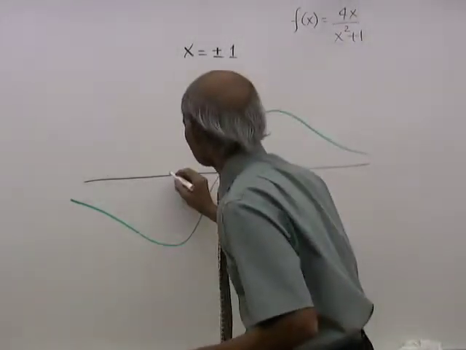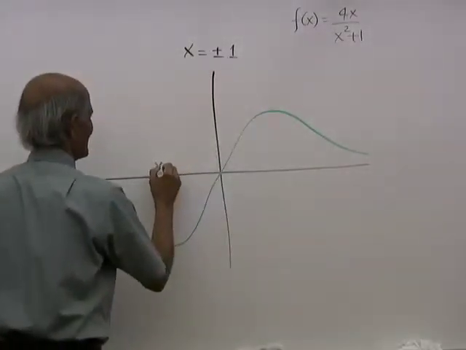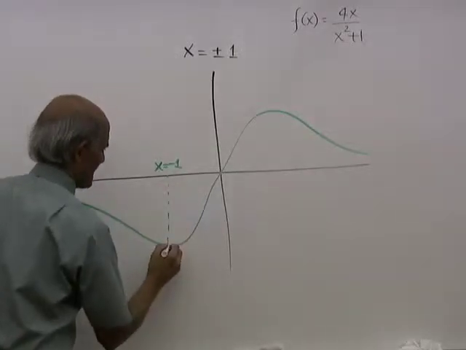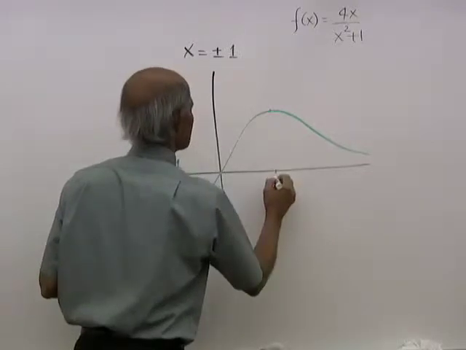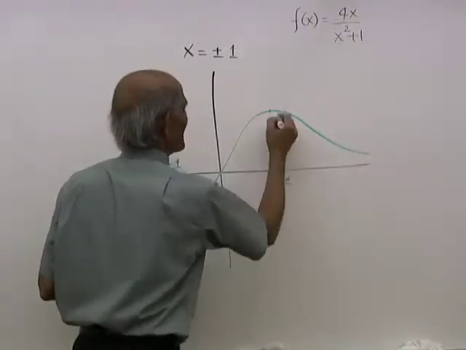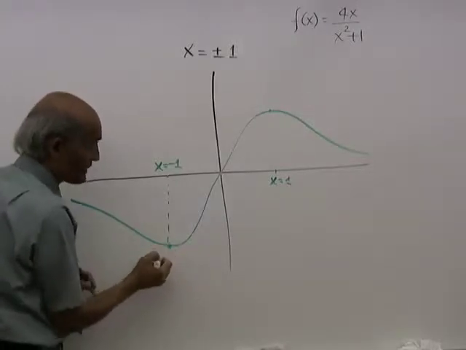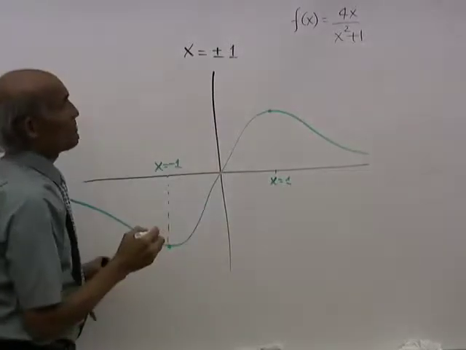Well, this is x equal to -1. That is a critical number. This is x equal to 1, and that is another critical number. This is a critical point, and that is the other critical point.